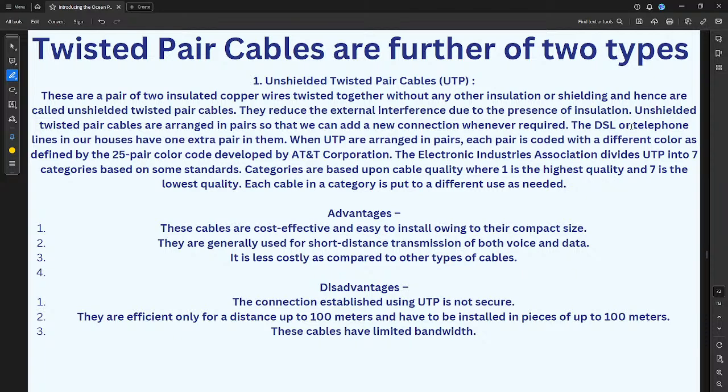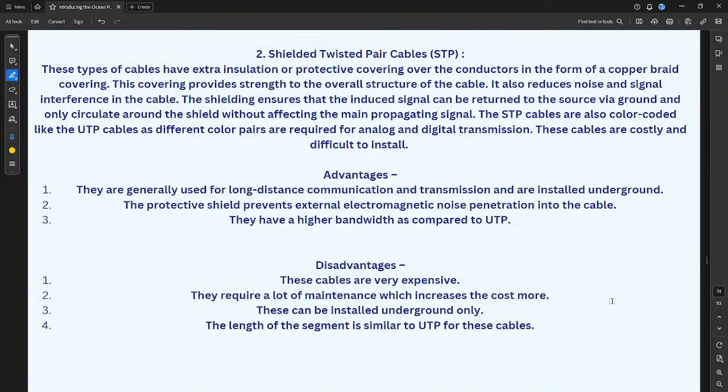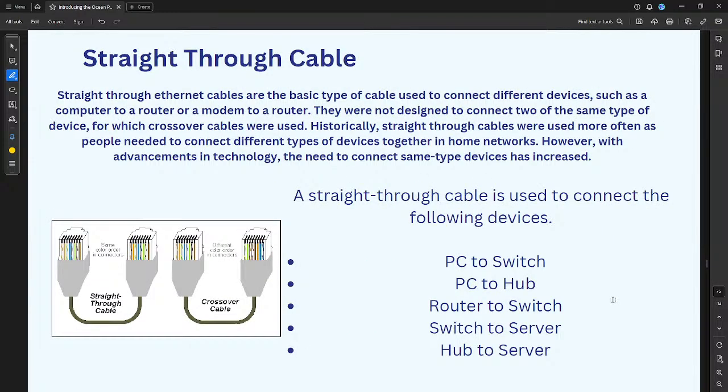You can take a screenshot and take note of these things and understand what types of cables are being used. So we have the unshielded twisted pair, and then we have the shielded twisted pair. Of course, you can see they also have disadvantages and advantages.